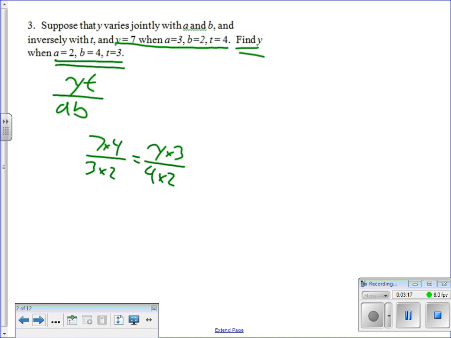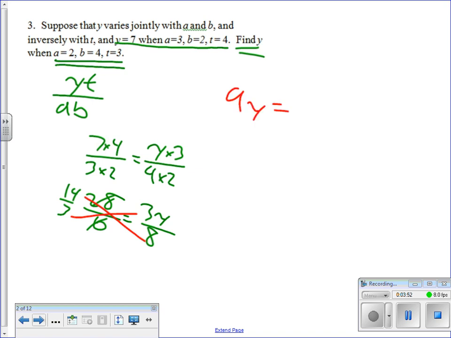Okay? And then solve. Let's see, 28 over 6 is equal to 3y over 8. Multiply both sides by 8, or I can reduce this one first. I'll probably reduce it first just to make it a little easier to deal with. So 2 goes into both of them. That gives me 14 over 3 instead of 28 over 6. And then what I would do is probably cross multiply. So I get 9y is equal to 14 times 8.